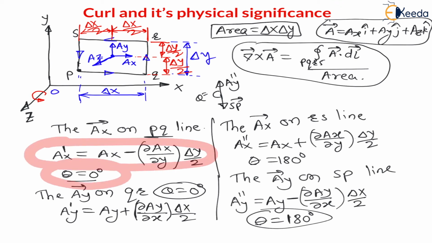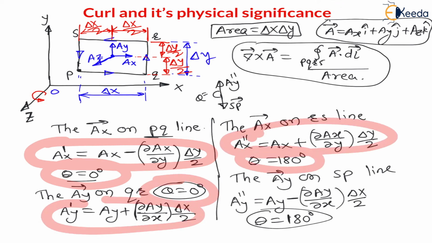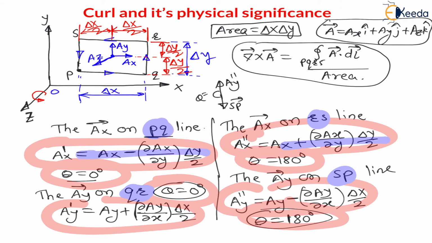Ax dash theta, then Ay dash theta, then Ax double dash and theta for this, and Ay double dash and theta for this. Because I am going to erase these values here, let me write properly. Here on PQ, QR, RS and SP, I am using these vector fields along with their angles. So I will erase this.